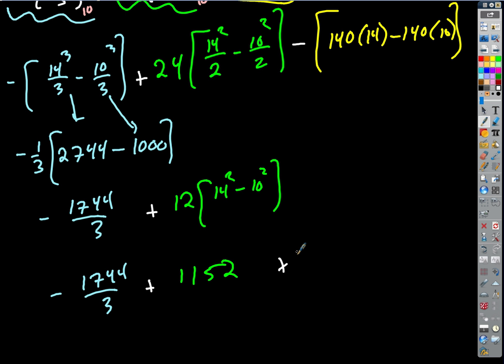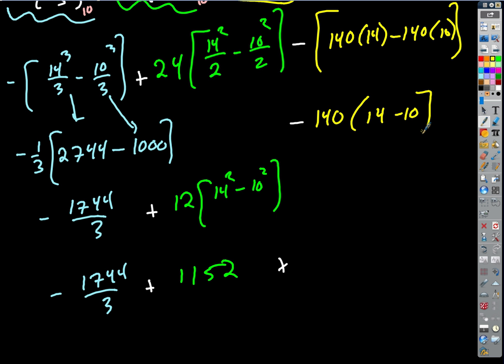Plus whatever I get from this. So I could even pull the 140 out in front of that if I want to. I get minus, because that's a common factor, I can factor that out, times 14 minus 10, which is just 4.